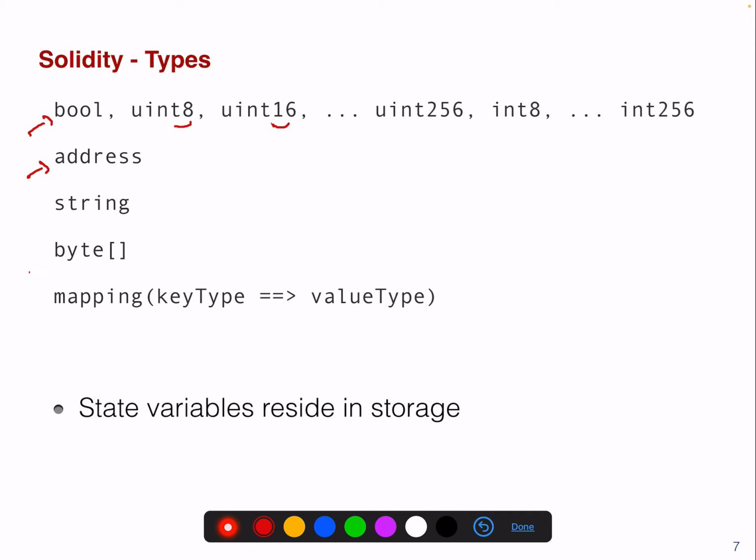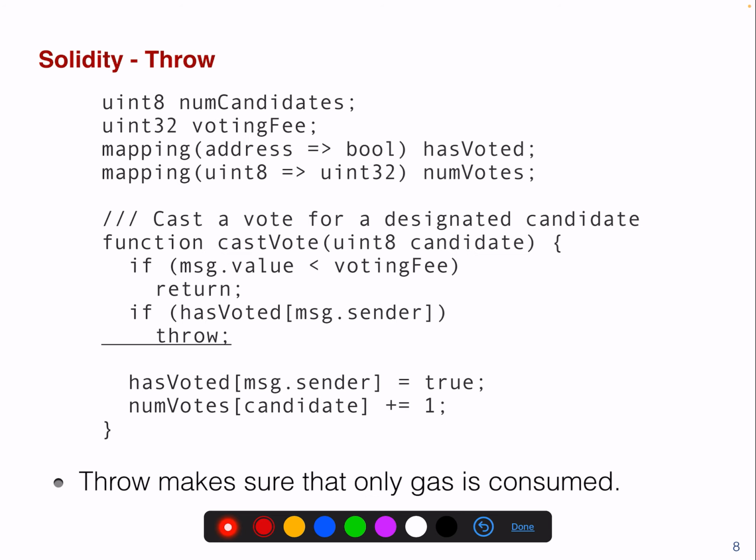So you have as well bytes, mapping, etc. Right? So state variables that you store reside in storage, right? Okay, and remember maybe what was storage, what was memory, and which one was more expensive and why. Maybe you can recall this.